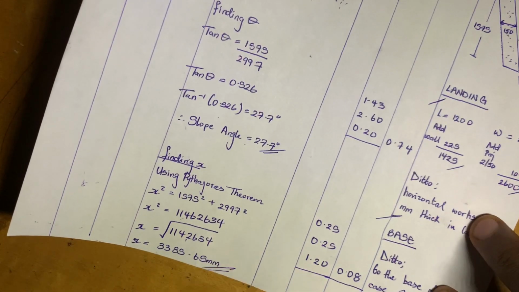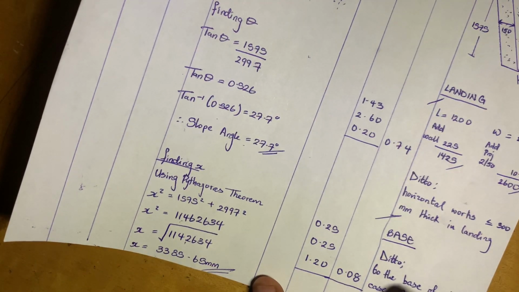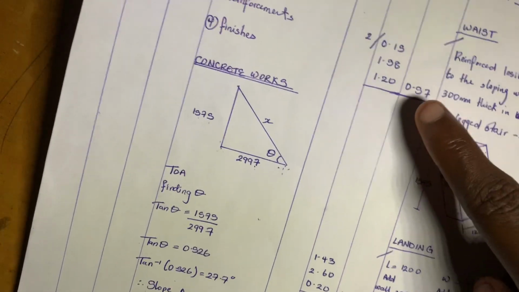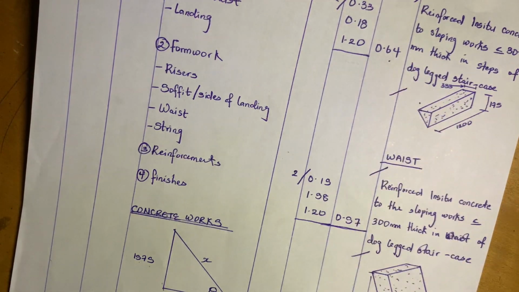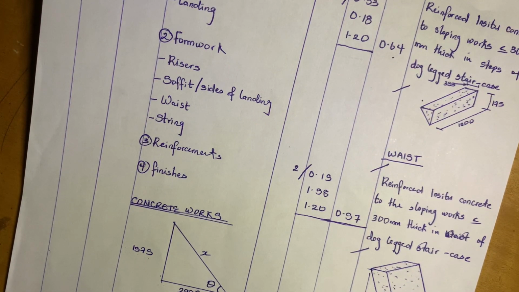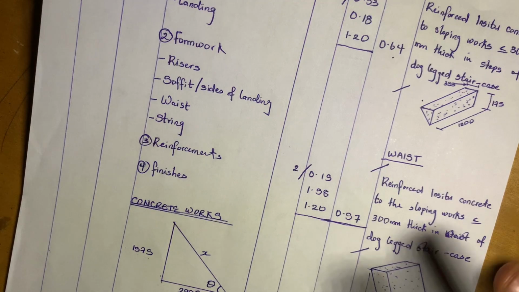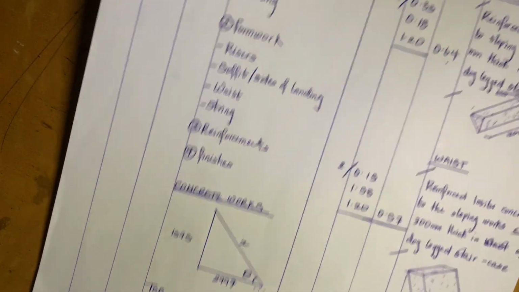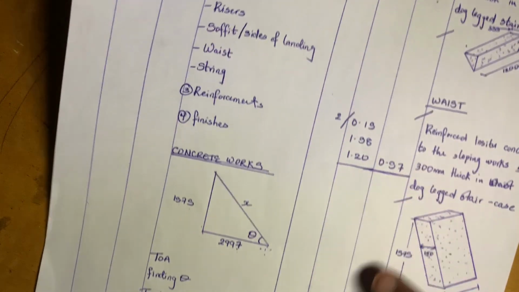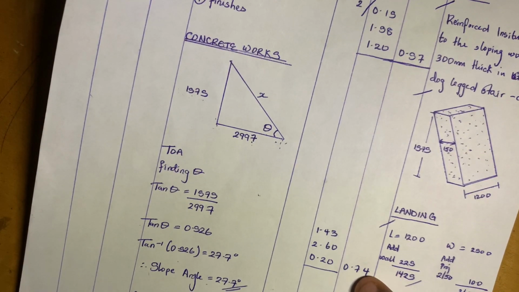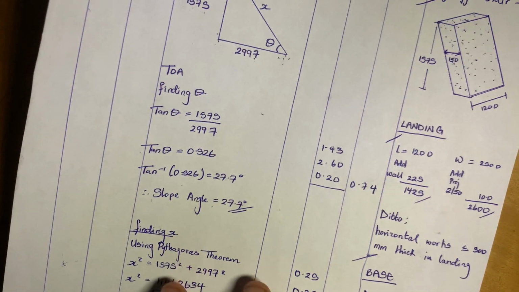So now if we find the summation of the volume of concrete for the base, the landing, the waist, and the step, the summation of everything here will give me the total volume of concrete for the what? Staircase. So let's do that now. 0.64 plus 0.57 plus 0.74 plus 0.08.